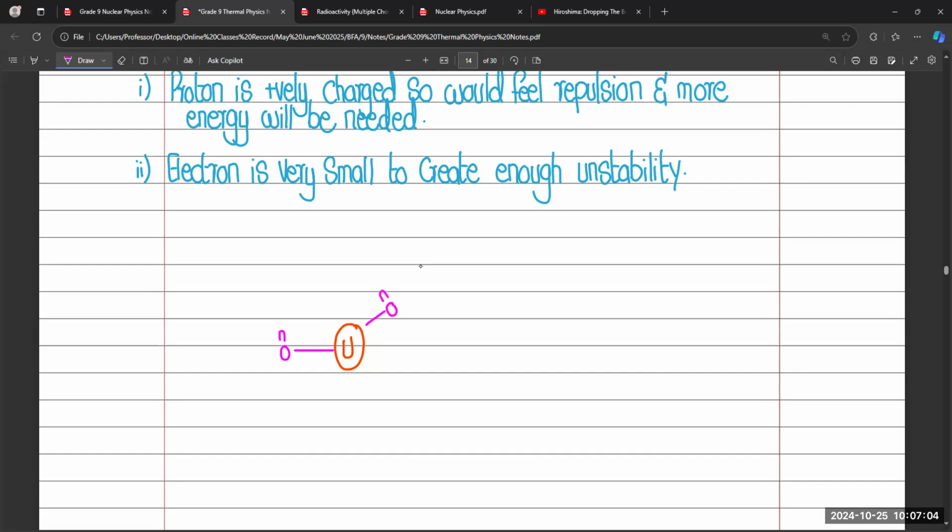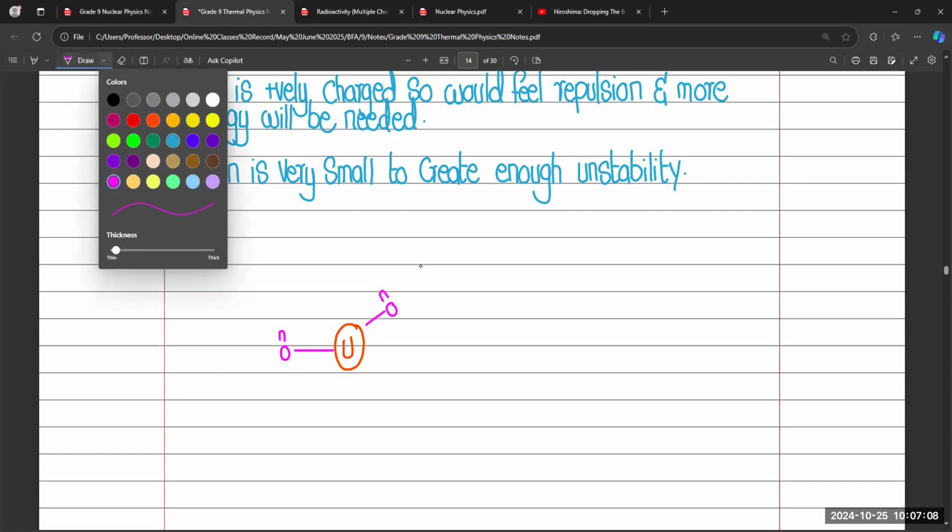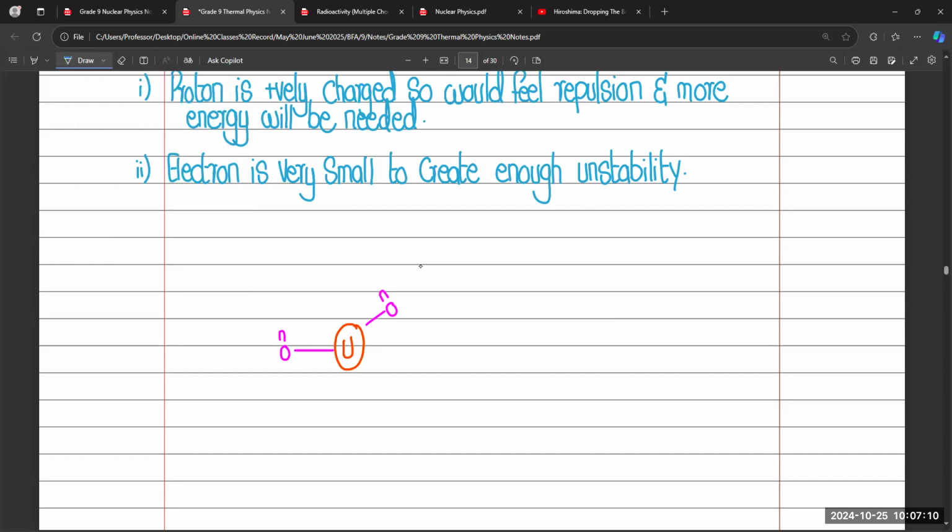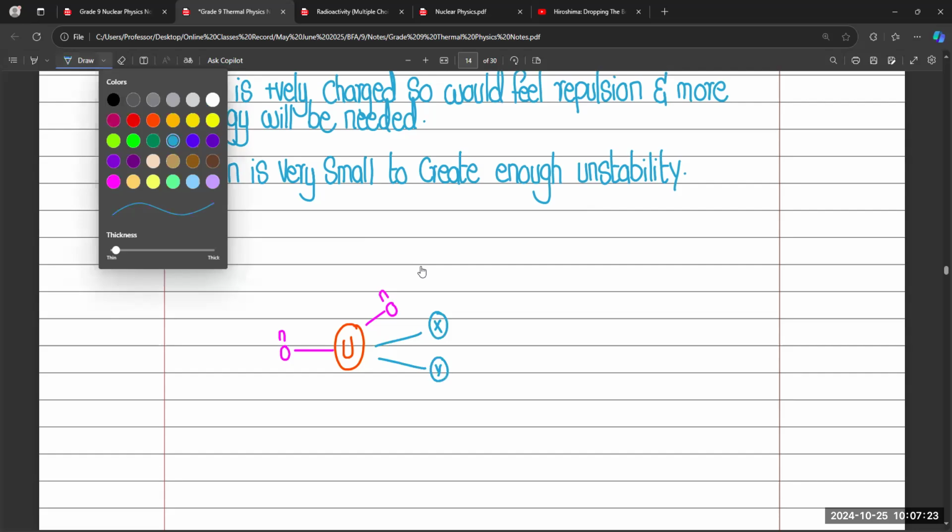Before that we got two different elements. We got element X, let's suppose, we got element Y, and we got another neutron.